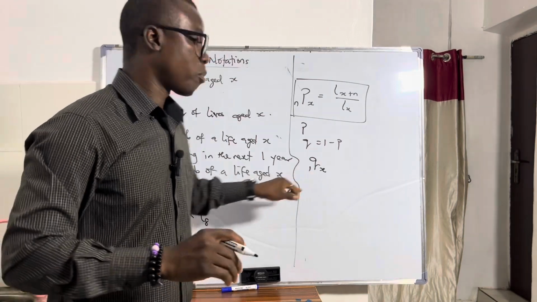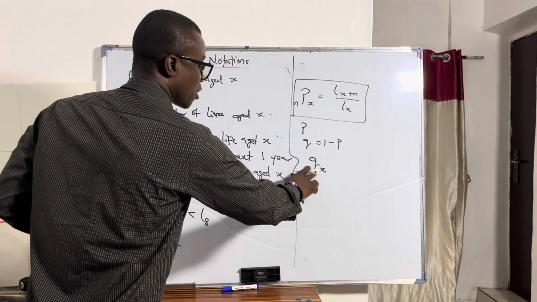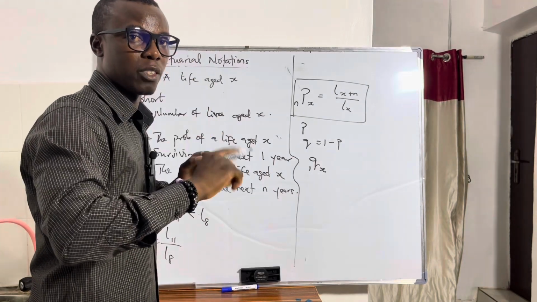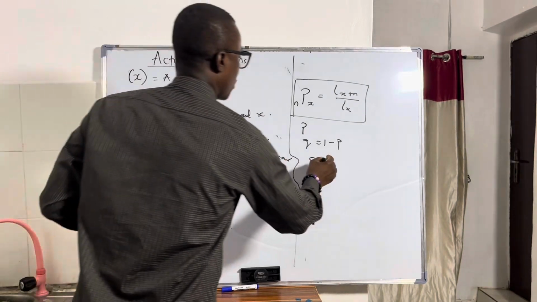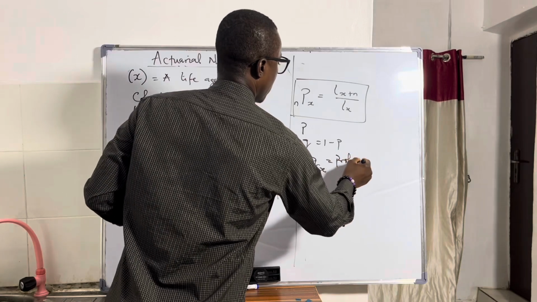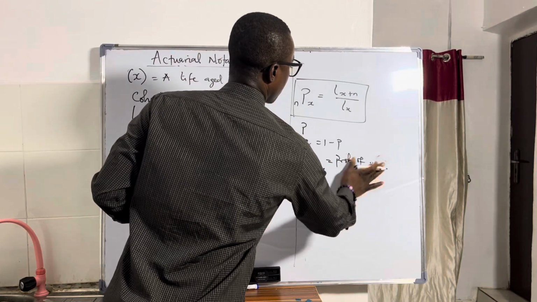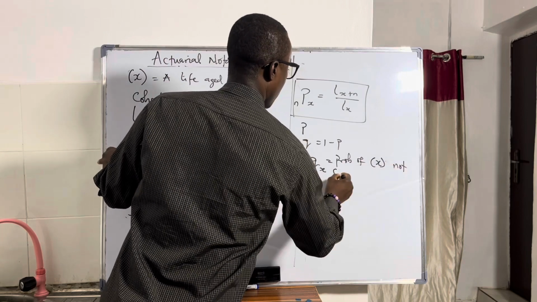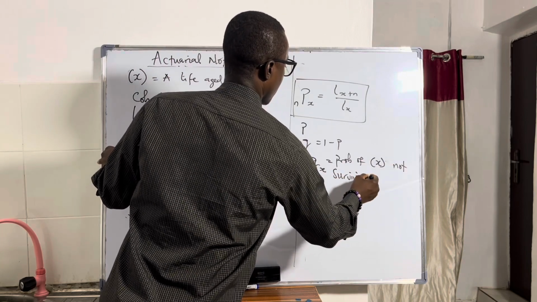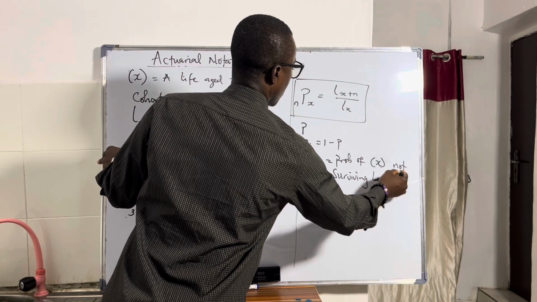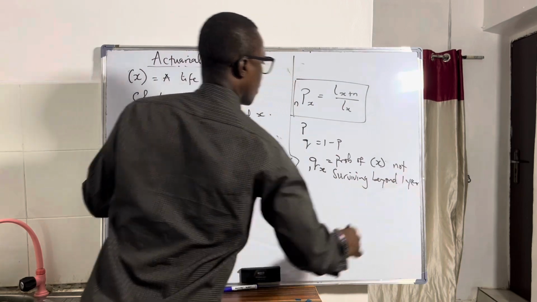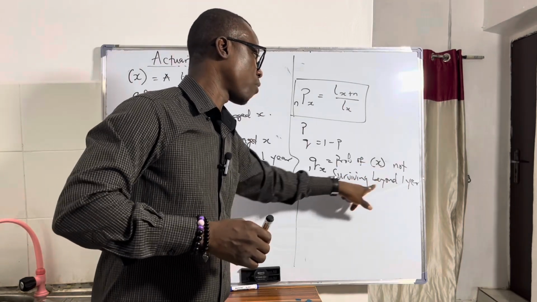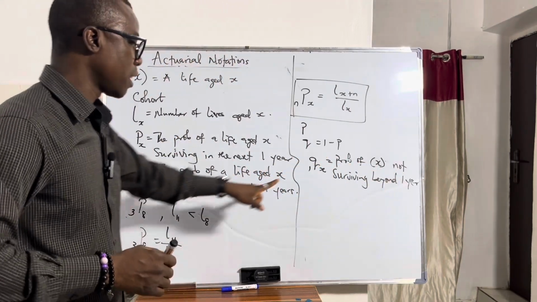It means the probability of a life age X not surviving beyond 1 year. So this is the probability of a life age X not surviving beyond 1 year. And that's what it means.